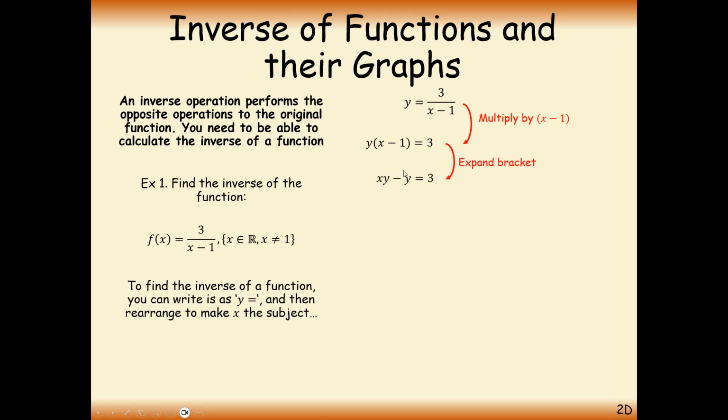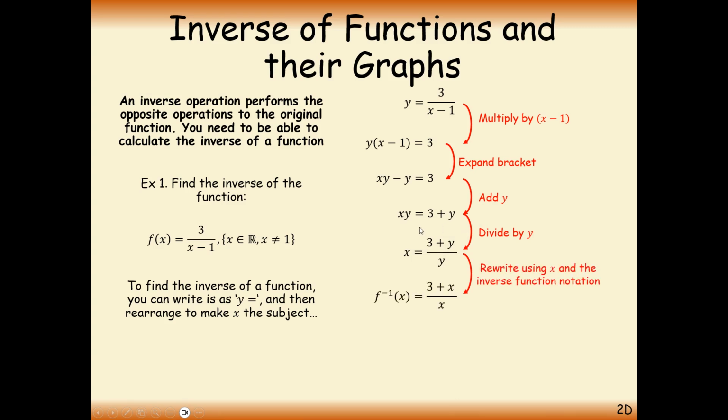That's one way of doing it. Another way of doing it is to multiply out the bracket here for y and make x the subject of this formula. Okay, so that's one way of writing the inverse of x.